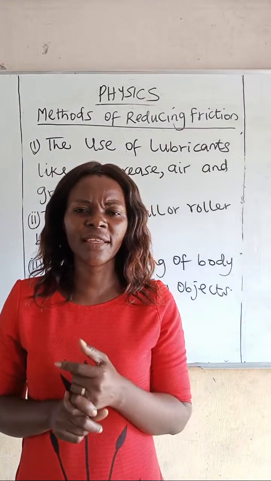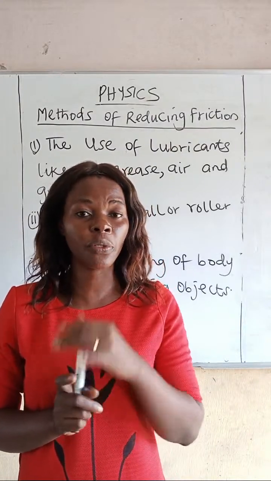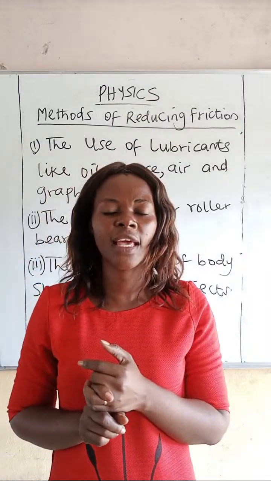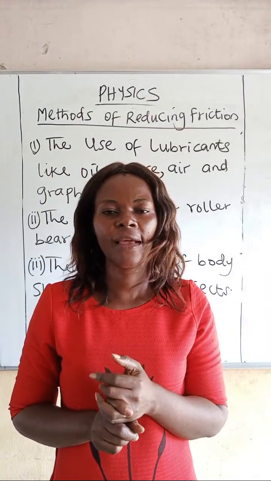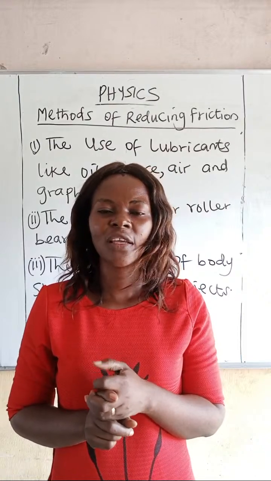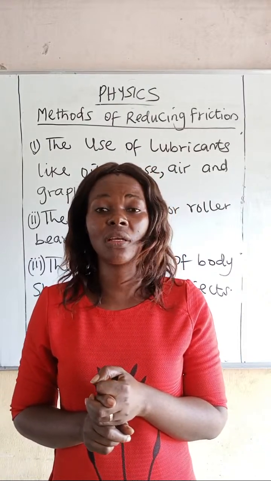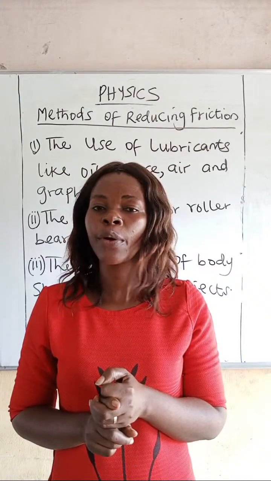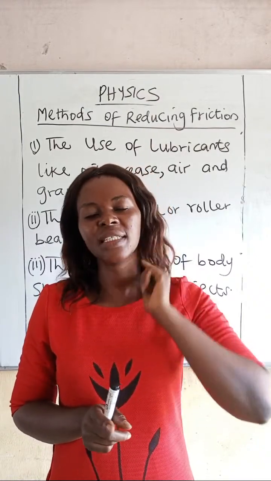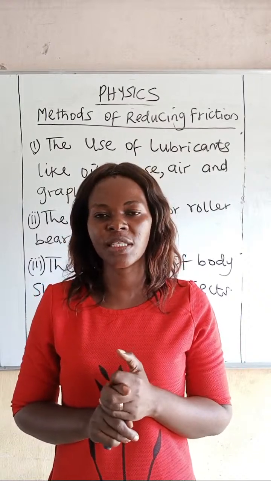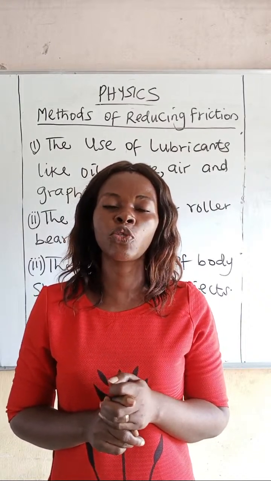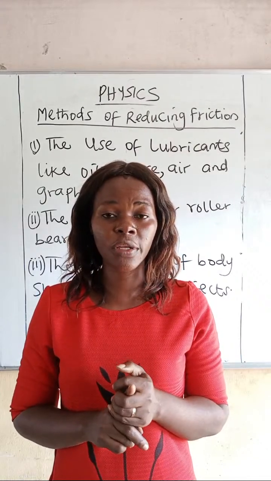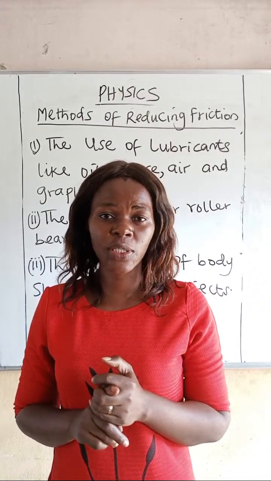Don't forget that friction is a force of opposition, and that friction acts between two surfaces in contact. Also, friction is directly proportional to the normal reaction. In my next class tomorrow, I'm going to explain that concept well so I can help you solve calculative problems on friction. So don't miss tomorrow's class.